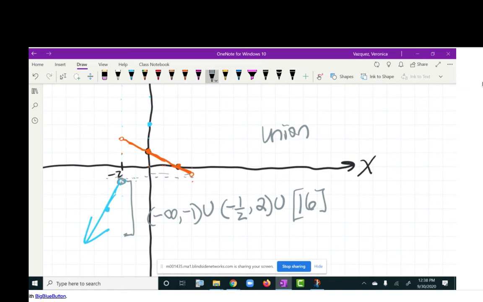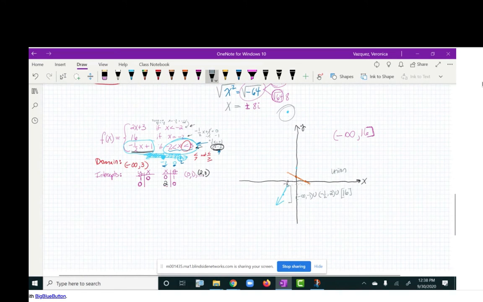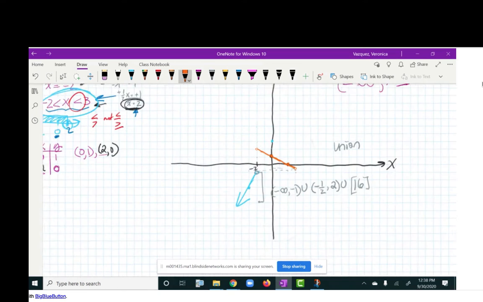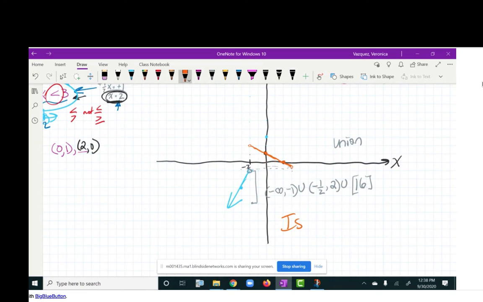And then one of your questions on the homework asks, is the function continuous? Let me spell this correctly. Continuous. This one is not continuous because there are gaps in the function.